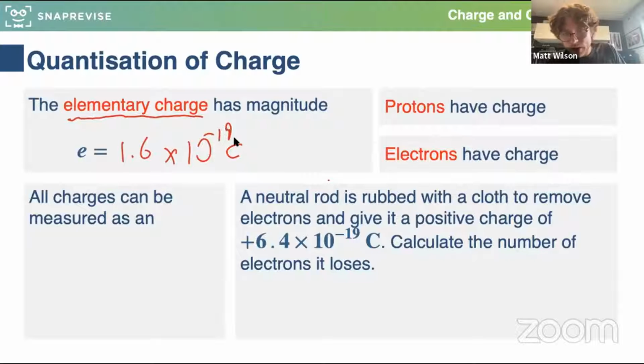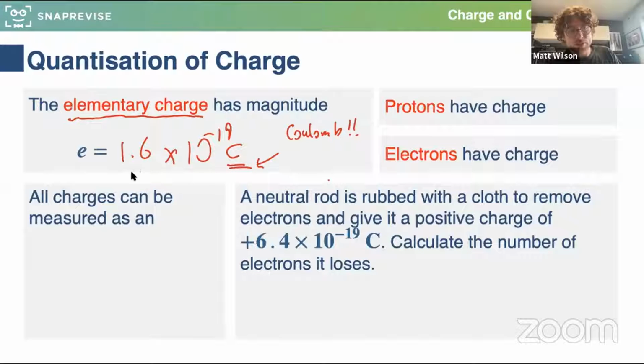I should say one more thing. What's this unit? Coulomb. This is just the standard unit for charge. Whenever you declare any quantity, you need to state a unit. And here, the usual unit for charge is coulombs.